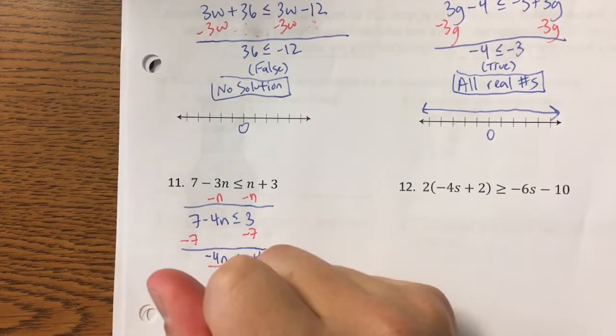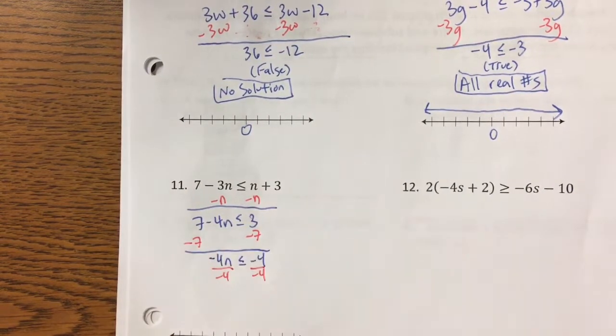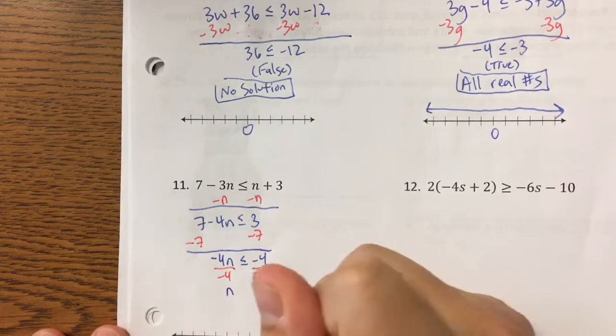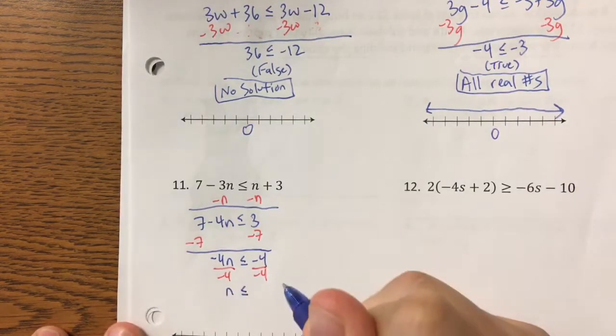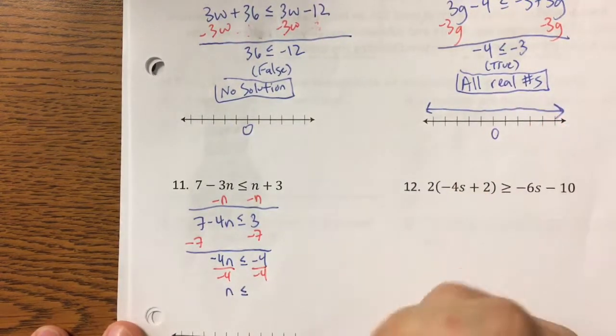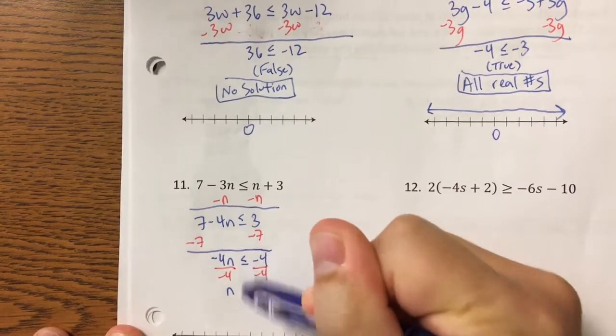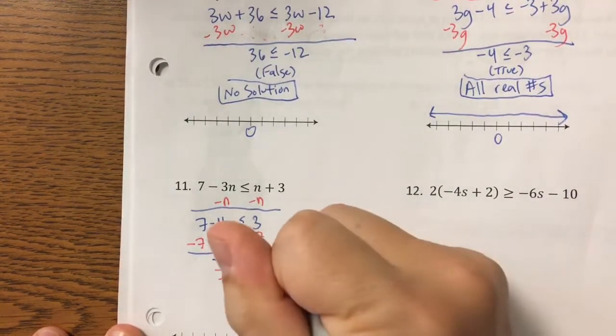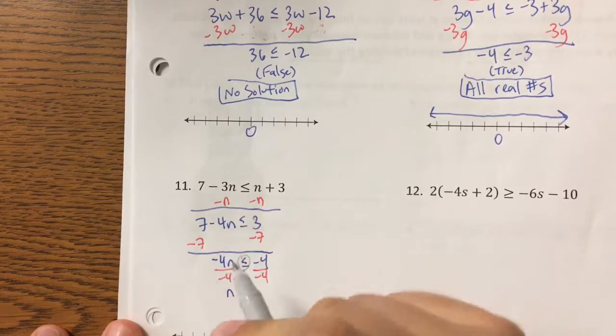So then I divide by -4, and I get n is less than or equal to, oh wait, nope. You have to flip it. Good catch. See, even I miss it sometimes.